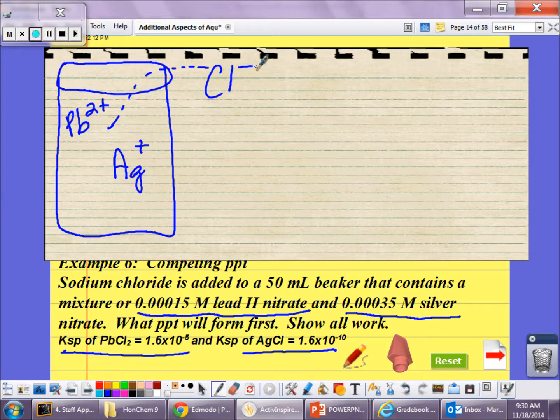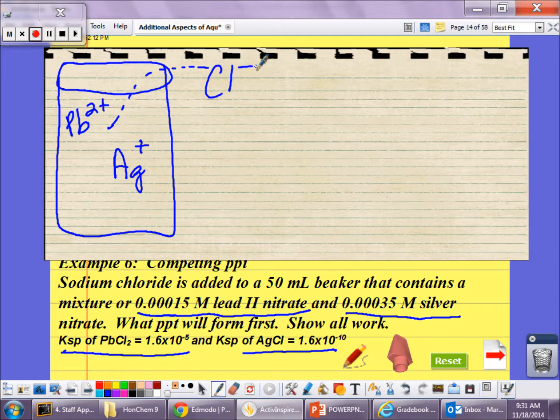This is a very, very good method of separating ions in a mixture. Let's say you have lead in your water, you know lead is toxic, and you want to separate it from other ions you have in the water. You add something that will precipitate with that lead first and leave the other ion in that solution that you need for your body.